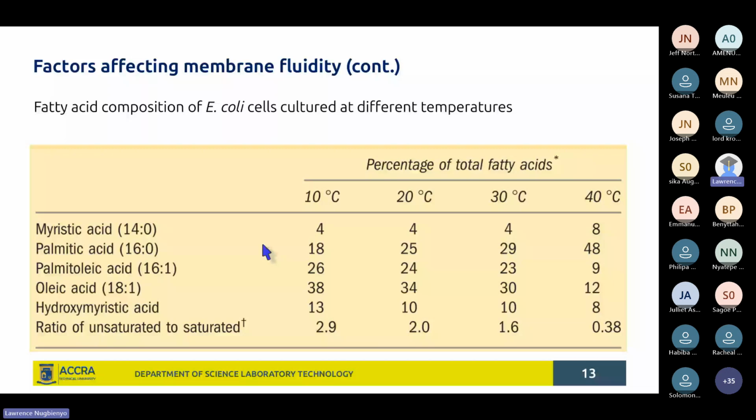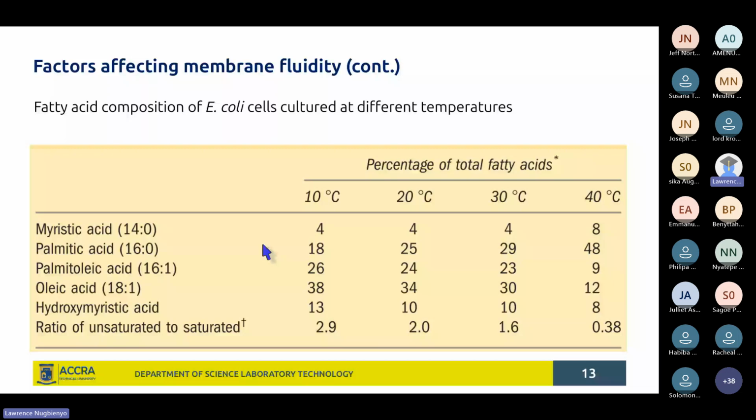Look at a composition of various fatty acids in the membrane. Compare that to the conditions under which these bacteria had been cultured. So this is to see how organisms actually adapt to different conditions.